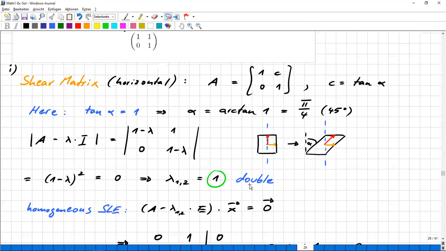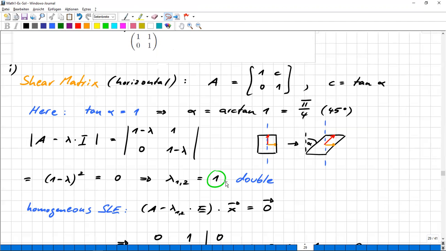Now, I'm just asking myself, have we done this before? I think we have talked about the multiplicity, geometrical versus algebraic multiplicity. But I don't remember having solved this with you. No, we haven't. Okay, so it's fine.